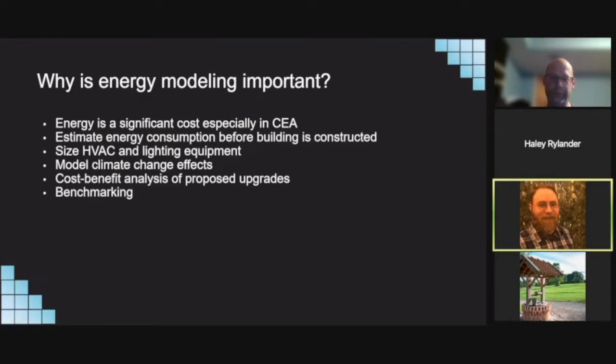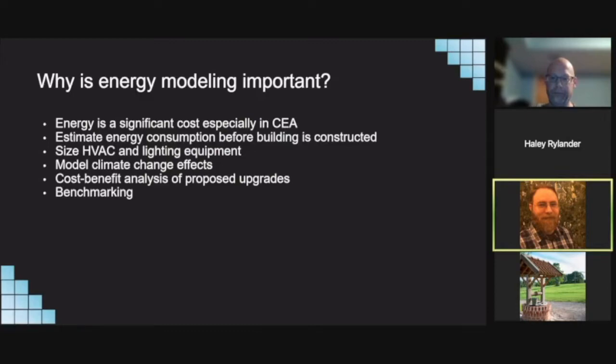It's useful for sizing your HVAC equipment, such as boilers or ventilation equipment or cooling equipment, and also lighting. You can model the effects of climate change by using the appropriate weather files. You can do a cost-benefit analysis if you already have a building and you're thinking about upgrading your lights, for example.